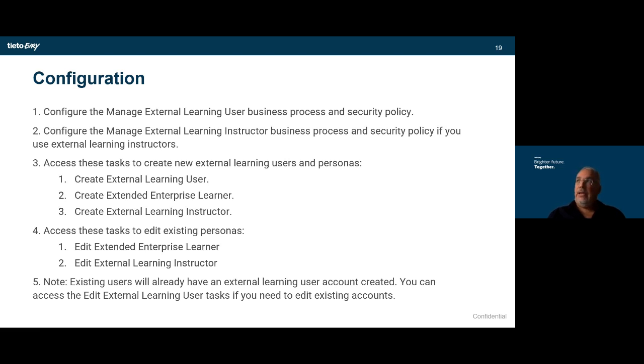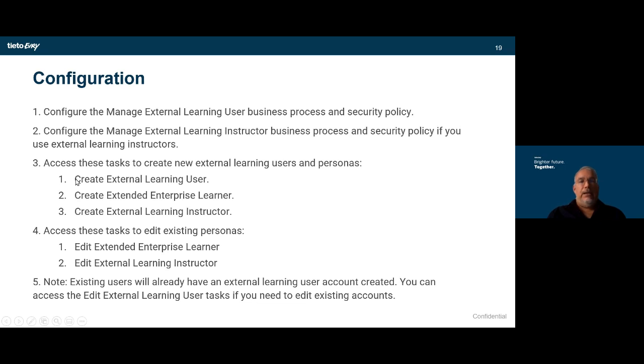Of course, it can be the case that you don't use external learning instructors, even if you are using the extended enterprise, and have just external learning users. But I think usually you will also have external learning instructors. And here are listed the tasks that can be used.